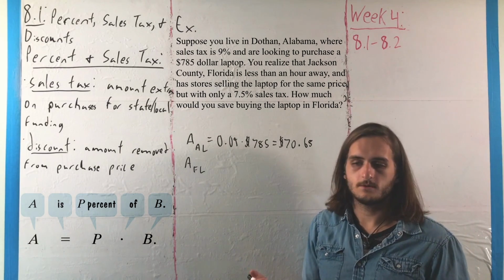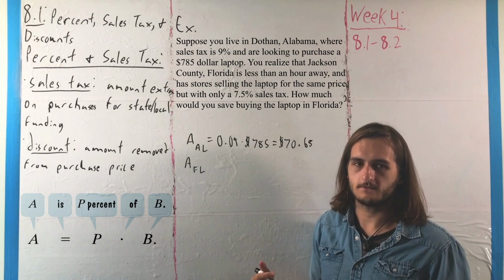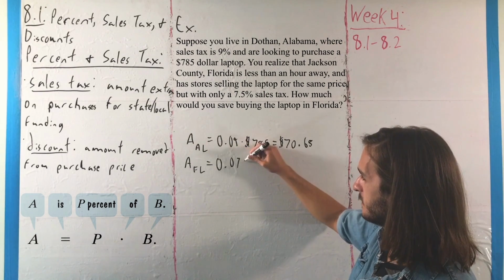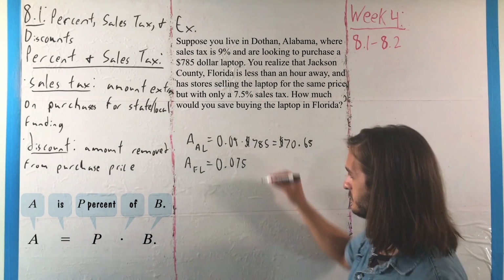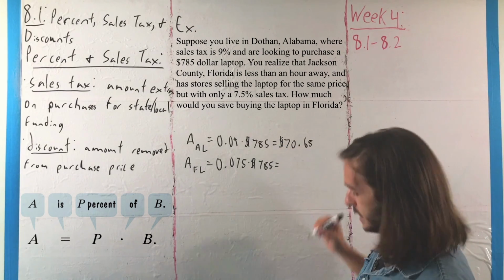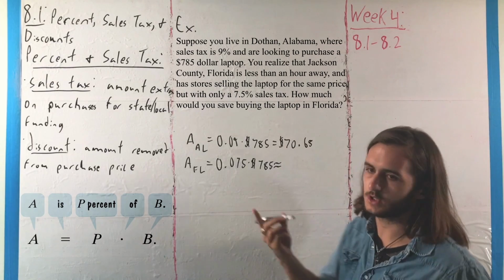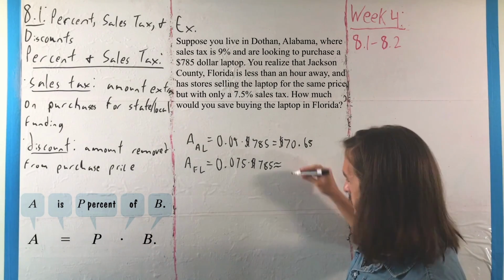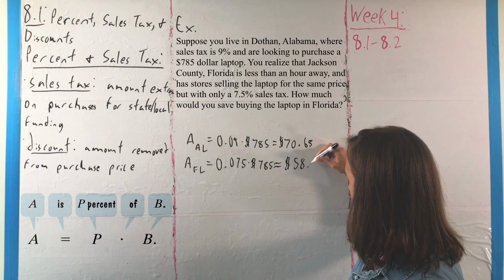Meanwhile, in Florida, while it is a little bit cheaper, if you've been to both those places, it's not actually that much better, it's just Florida, not Alabama, but that would only end up being 0.075 for 7.5%, multiplied by $785, which would give you a total in that case of, let me actually round here because we usually do follow standard rounding scheme for things like taxes, $58.88.